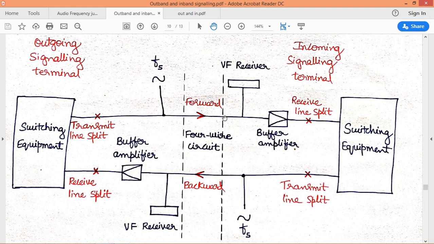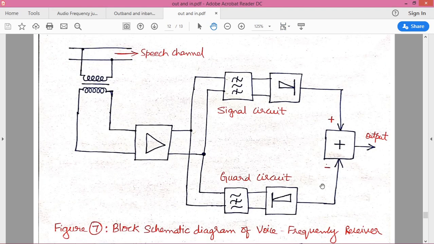Let us consider a scenario in which right now we are receiving only the speech signal and carrier signal. We know the band pass filter will block the speech and carrier signal because it will allow only the control signal. So the output of this will be 0.